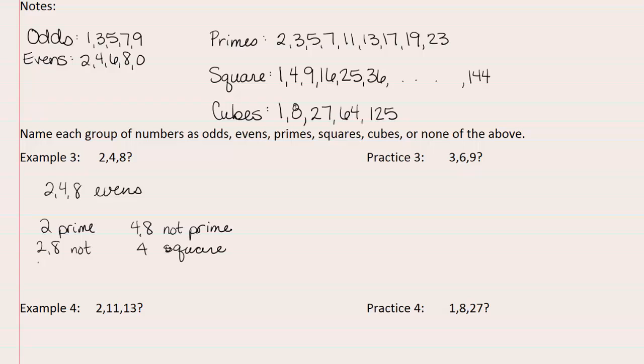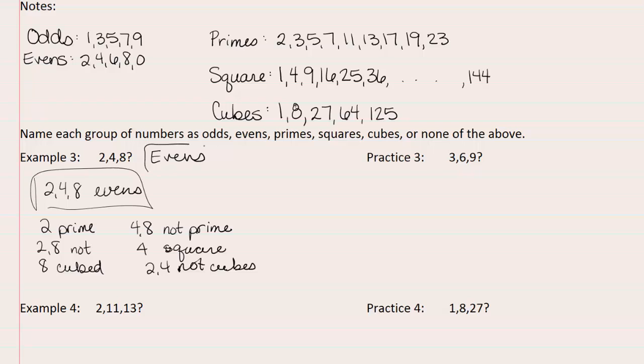And lastly, cubes. 8 is cubed, but 2 and 4 are not cubed. So when I look at these, the only one that had all 3 of the numbers part of it were evens. So 2, 4, and 8 are all evens.